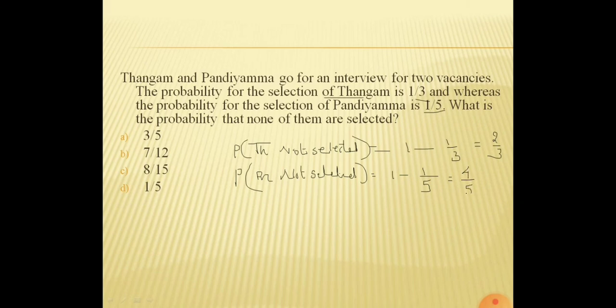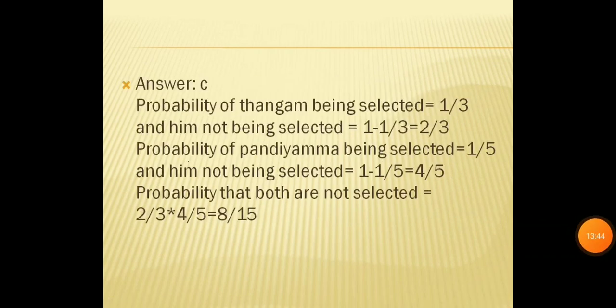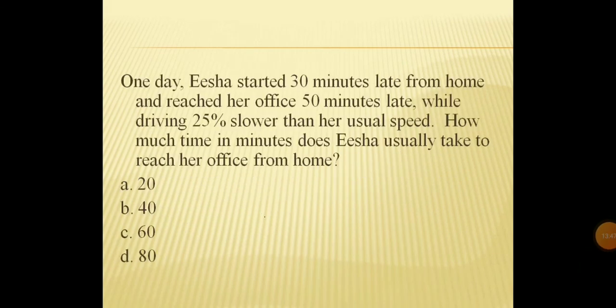So the probability of none of them selected is equal to the probability of Tangam not selected into the probability of Pandiamma not selected. So that is 2 by 3 into 4 by 5. Okay, it's equal to 8 by 15. Yes. Okay, clear, right? So the answer is 8 by 15.